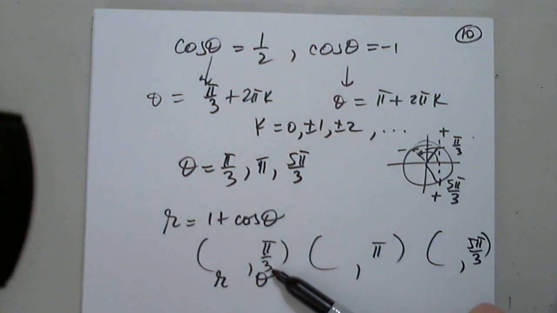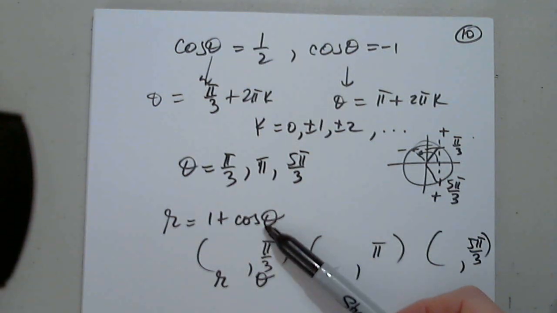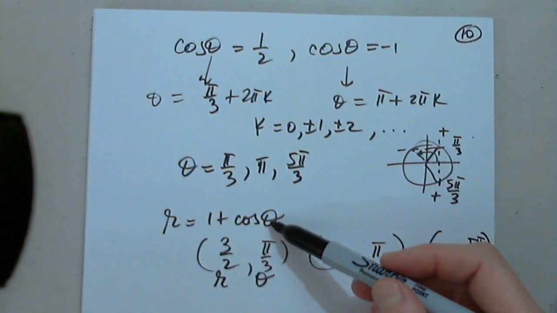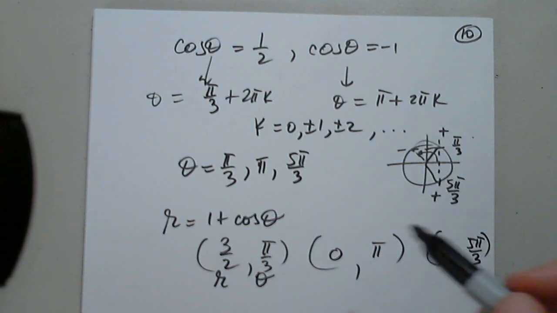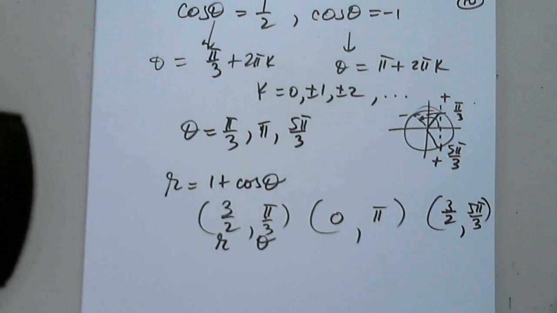When theta is pi over 3, cosine is 1/2, and 1/2 plus 1 is 3/2. So we found one point. For pi, cosine is negative 1, so r will be 0. And for 5 pi over 3, again cosine is 1/2 and still 3/2. So we completed the horizontal tangents.